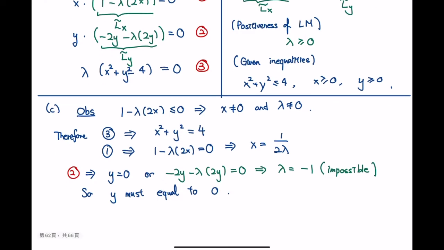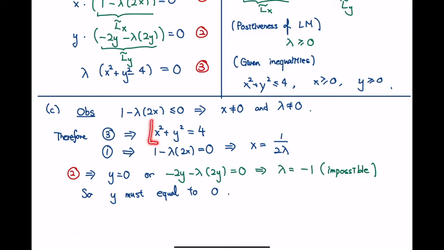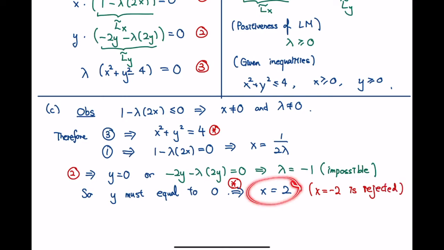If y equals 0, then by this equation, let me call it star, we know that x has to be 2. You may say, oh, why not minus 2? Remember, we have the non-negativity constraint. Therefore, x and y have to be greater than or equal to 0. So x equals minus 2 is rejected. And then what is missing? I have x, I have y.